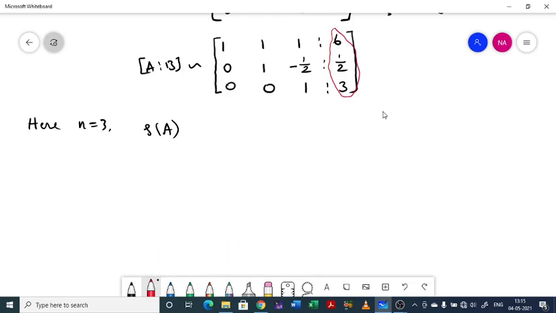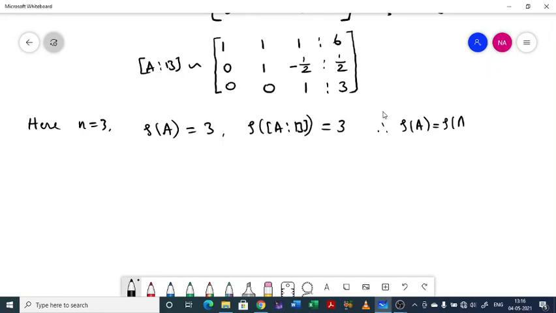If you observe this part, you have number of non-zero rows equal to 3. So rank of A is 3. And rank of the augmented matrix A colon B is also 3. Therefore, rank of A equal to rank of A colon B equal to n.